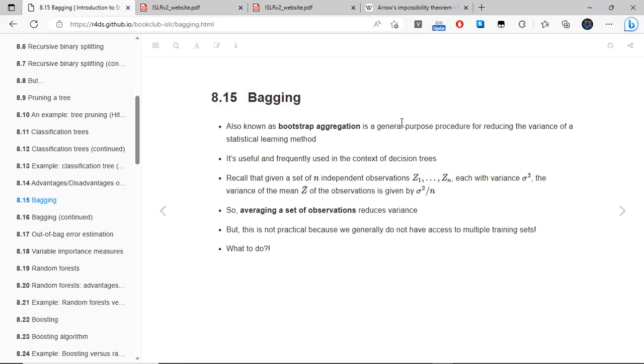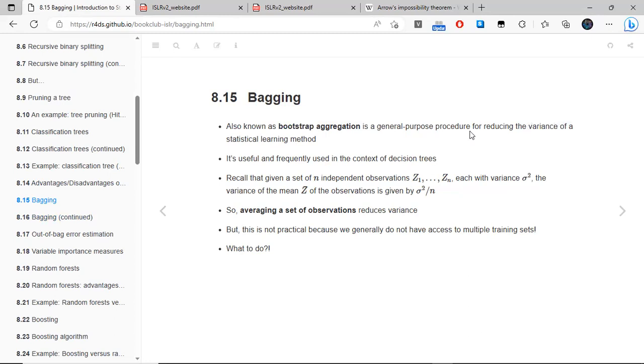And again, it's a general term because it can be used for any statistical learning method, and we do that in order to reduce its variance. What we cover here for bagging and even for random forest, we could do the same for the other models that we have seen. It's just using bootstrap and using some randomness in which predictors you use in order to mitigate this variance.